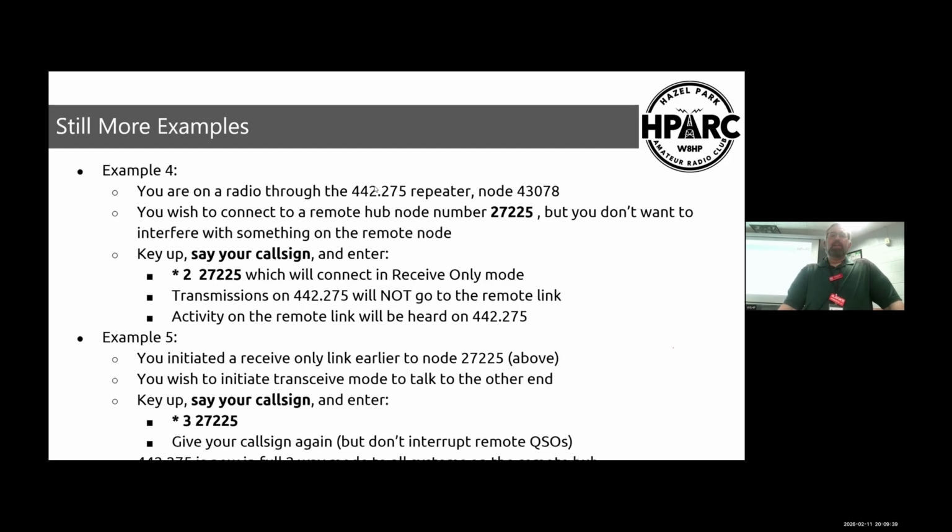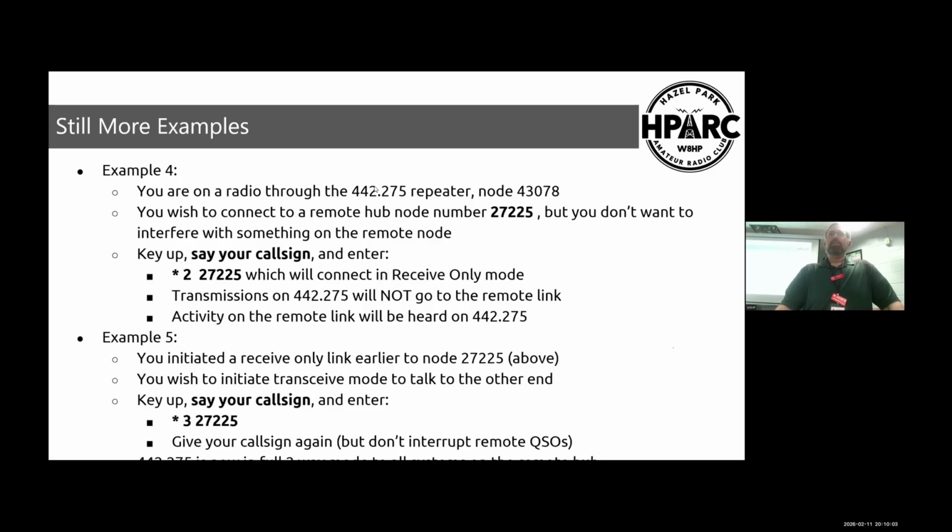So say there's a remote hub that you want to connect into that's in Australia, and you forgot what time zone they're in. You don't know if it's going to be busy. You don't know if it's going to be dead. So you want to start listening in before you key up or have anything on the repeater go out. You can key up and then dial *2 27225.